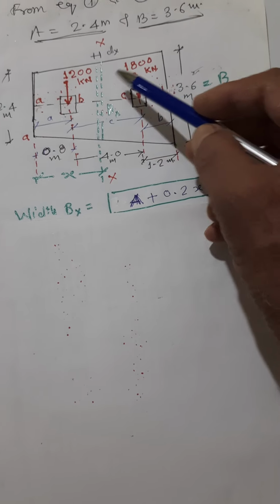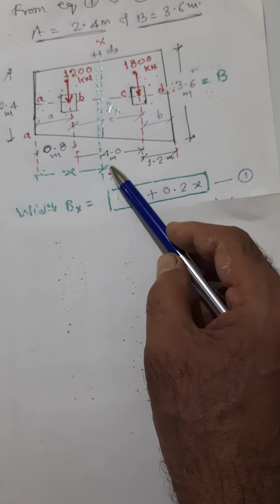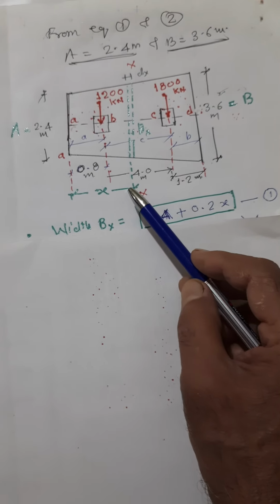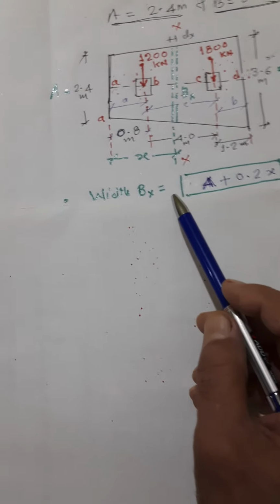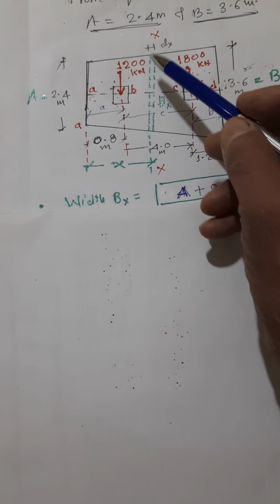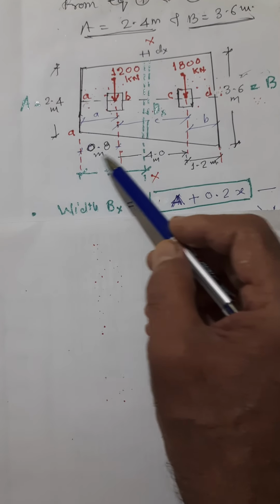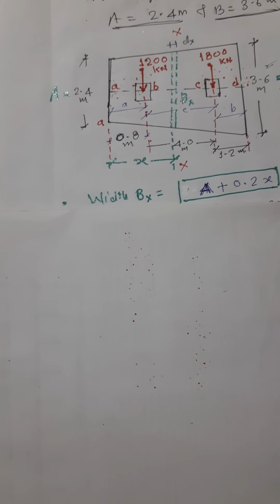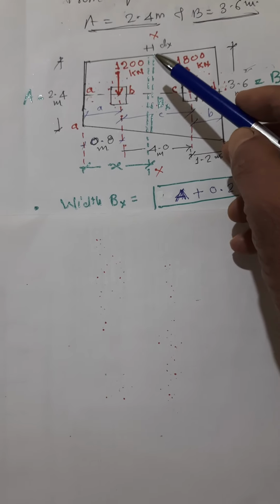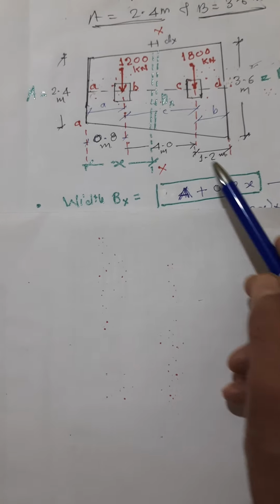Bx is this width at any distance x. It is a general equation that I am framing just to find this width at any distance x from here. Substitute the value of x and you will find the appropriate width at any distance.